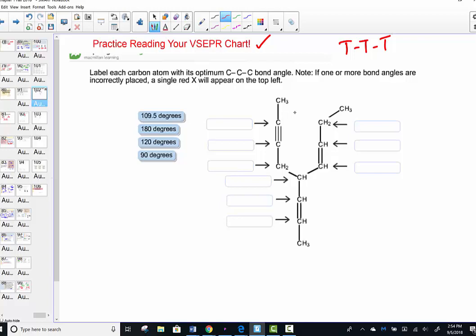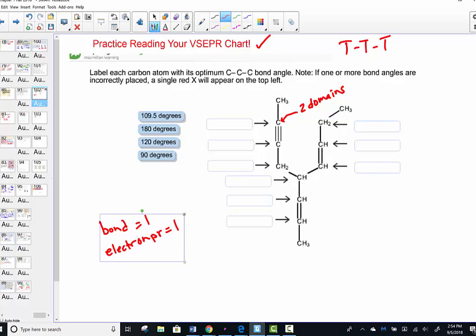Look to see right here, this carbon is being asked for. How many electron domains do you see? I count 2 domains. Remember, a domain is any bond. I don't care if it is a single, double, or triple. Any bond counts as 1 domain. An electron pair counts as a domain.